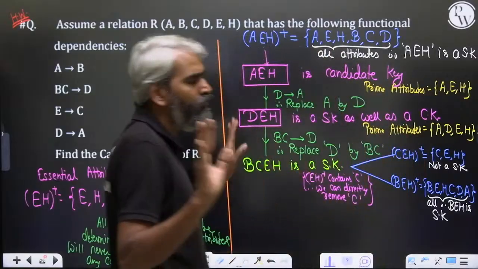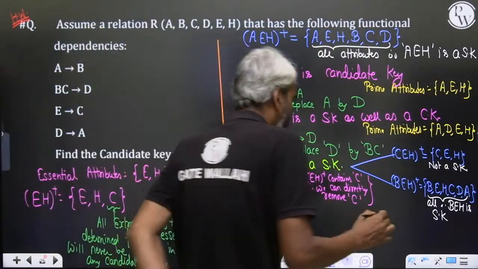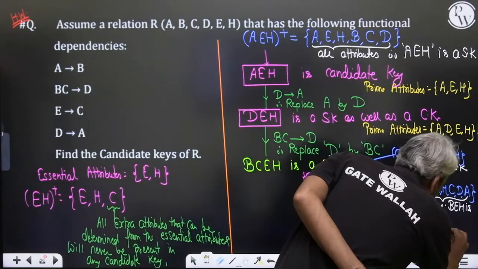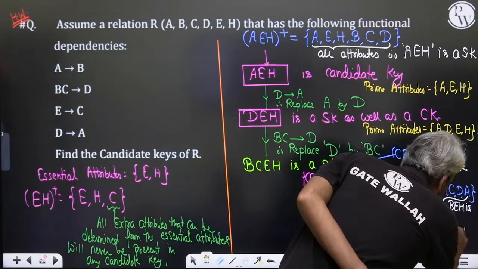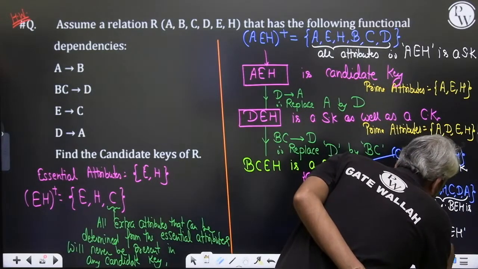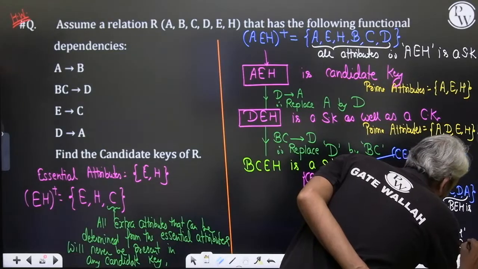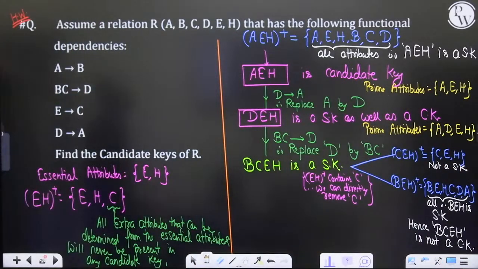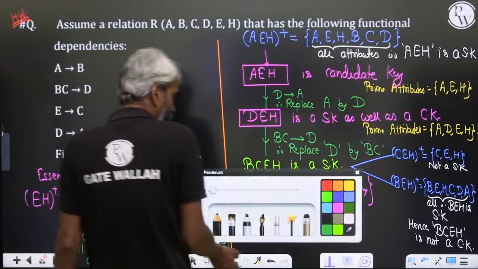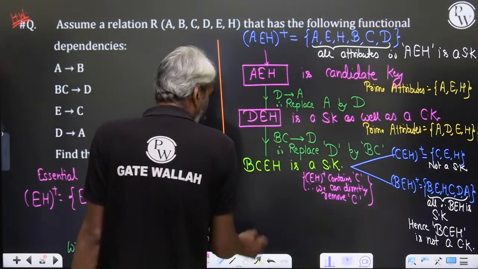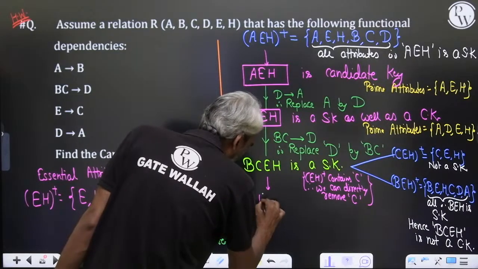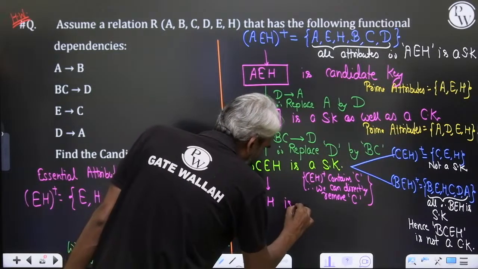As of now, we are only saying that BEH is a super key. Hence, BCEH is not a candidate key. If any proper subset happens to be a super key, then the original set cannot be a candidate key. Now, from here, we'll get to know that, sir, BEH is a super key.